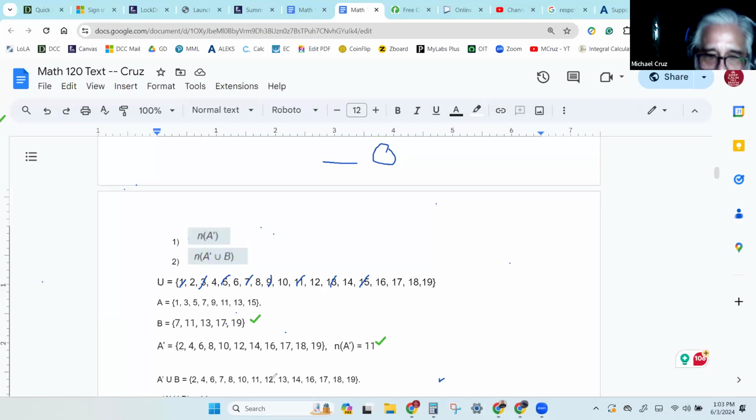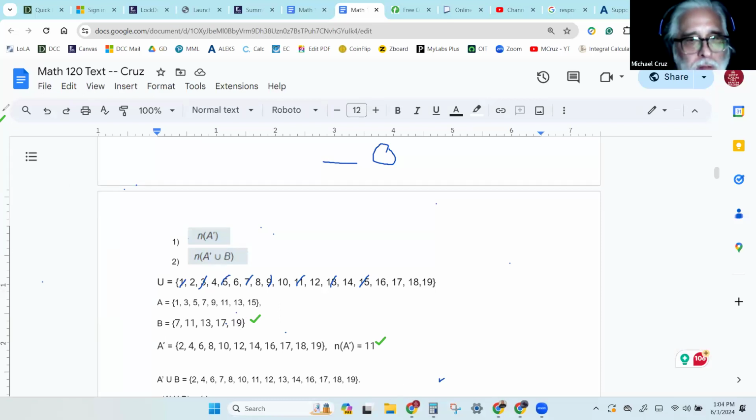Then 12. Most of these are even numbers in the A complement. So 12. And there's 13 goes in there. Back to these 14, 16, and then we're going to bring 17 up there, down from there. It's a prime number. And then 18 and 19 finishes out.